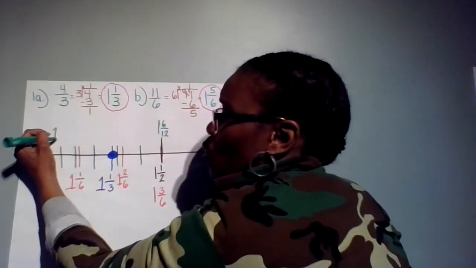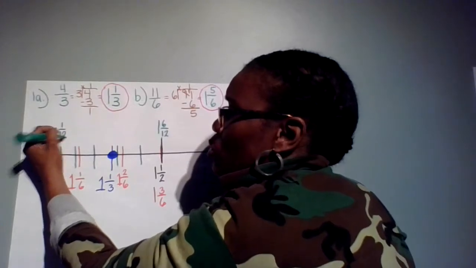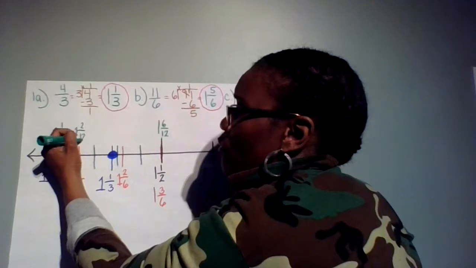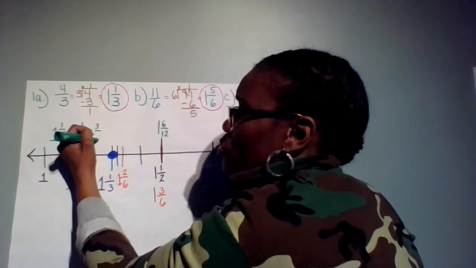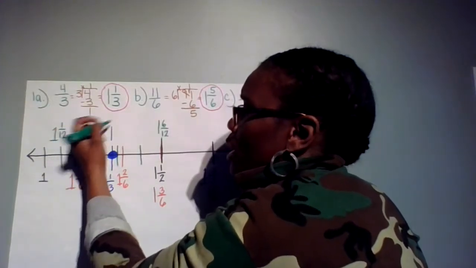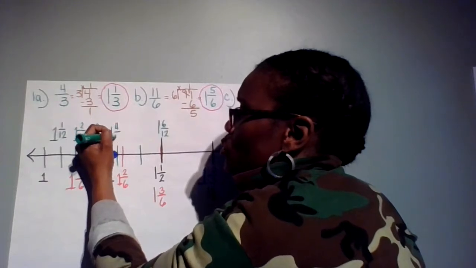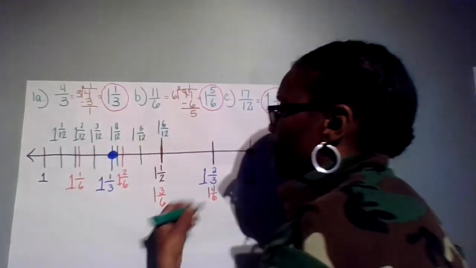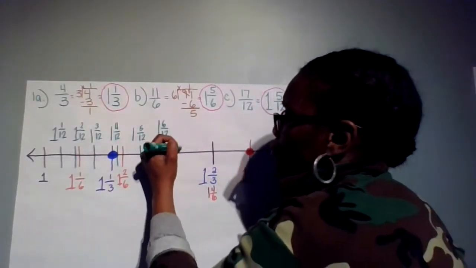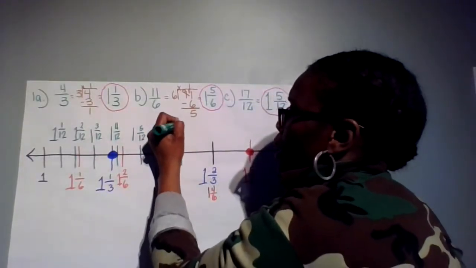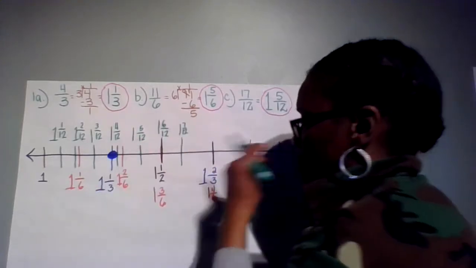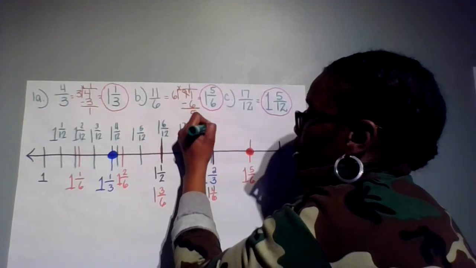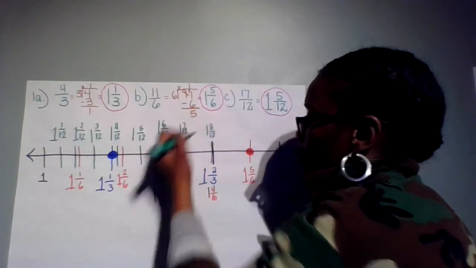So this will be 1 and 1/12, 1 and 2/12, 1 and 3/12, 1 and 4/12, 1 and 5/12, 1 and 6/12, 1 and 7/12, 1 and 8/12.